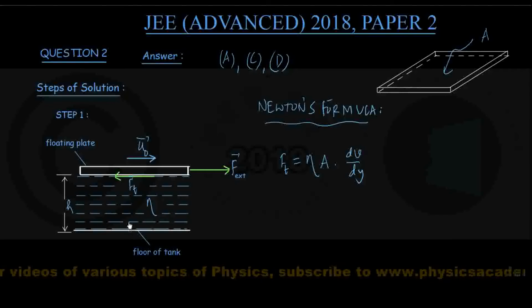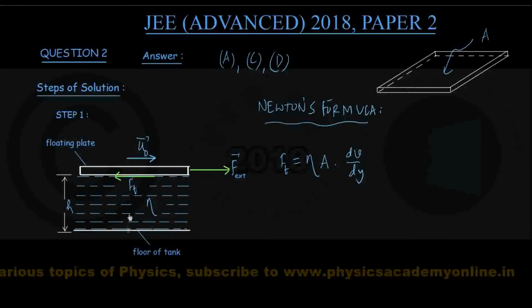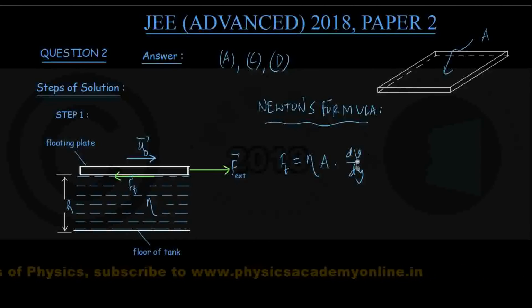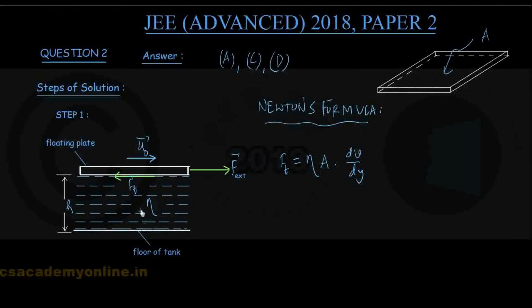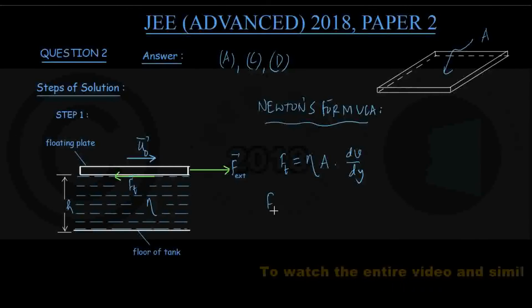And in case this speed does not vary linearly with distance from the floor, we use this dV/dy, that is the rate of change in speed of liquid layers with distance measured from the floor of the tank. The general case. But in case we take h to be very small, as in the question they are telling, h is small enough, in that case, this formula becomes easier.